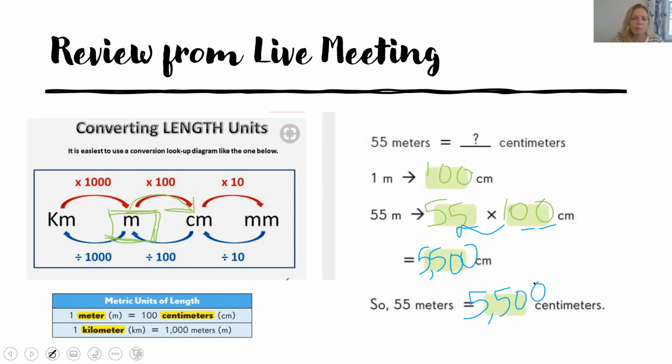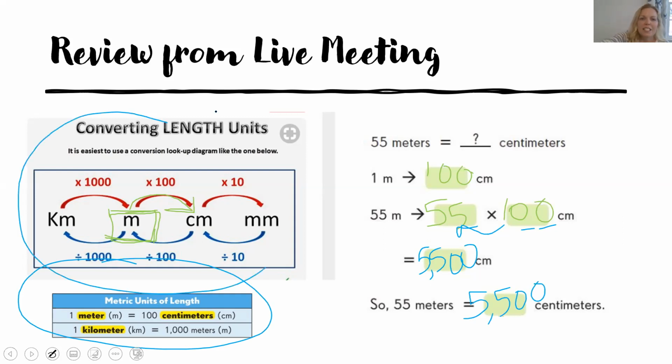Okay, so this blue chart down below is really handy, but you're not guaranteed that you will always have that, and therefore this visualization in slow motion should help you to visualize what it is you're doing in terms of moving upper or lower in terms of units of measurement, okay?